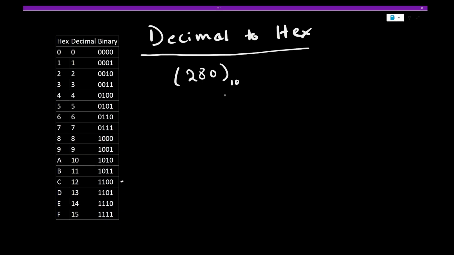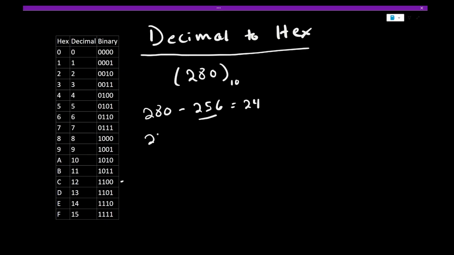So what we're going to do is, remember, write down 280 minus our largest power of 2 which is less than or equal to 280, which is going to be 256, which is 2 to the 8th. 280 minus 256 is going to be 24. And we really need to remember 256. That's going to be one of our binary values.